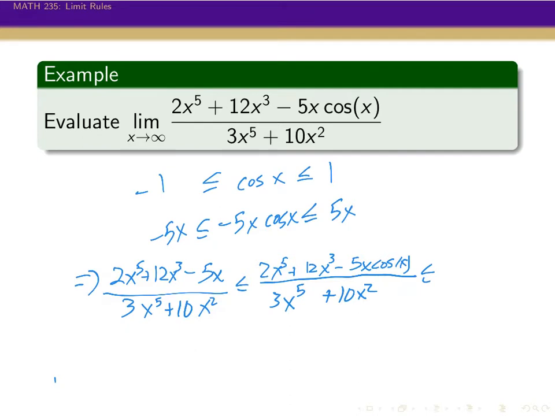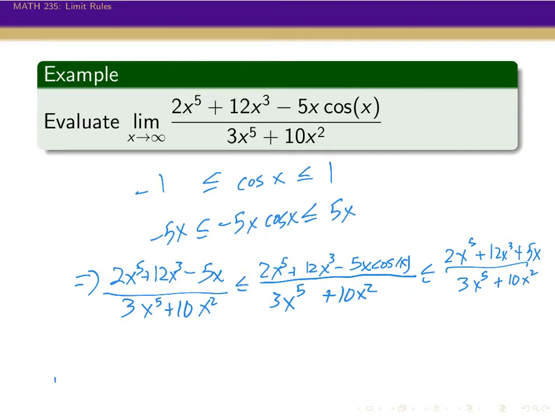And this is less than or equal to 2x to the fifth plus 12x cubed plus 5x over 3x to the fifth plus 10x squared.